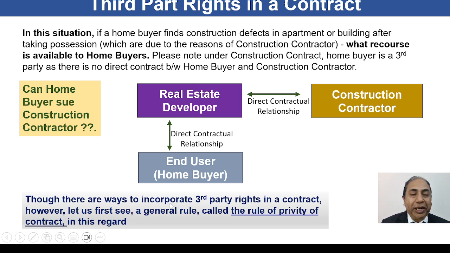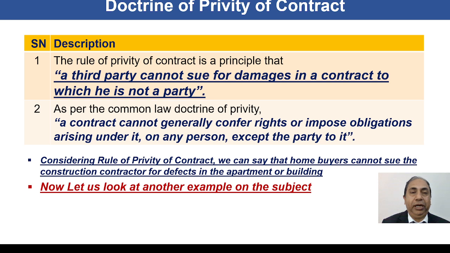Though there are ways to incorporate third party rights in a contract, however, let us first see a general rule called the rule of privity of contract in this regard. The rule of privity of contract is a principle that a third party cannot sue for damages in a contract to which he is not a party.